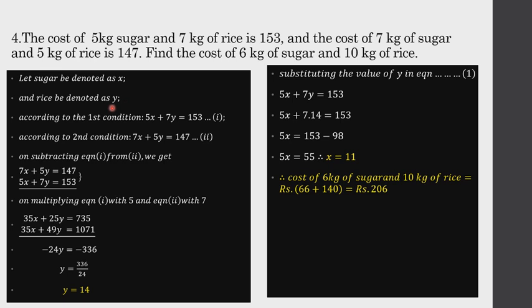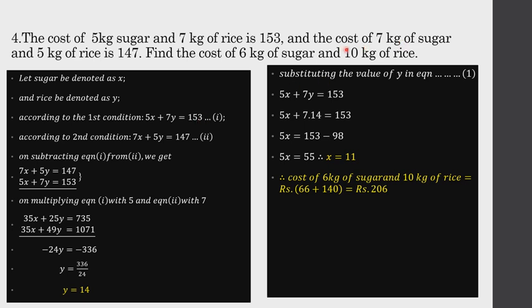We've been given two conditions: when you buy 5 kgs of sugar and 7 kgs of rice, it costs you rupees 153. So our first equation is 5x plus 7y equal to 153.